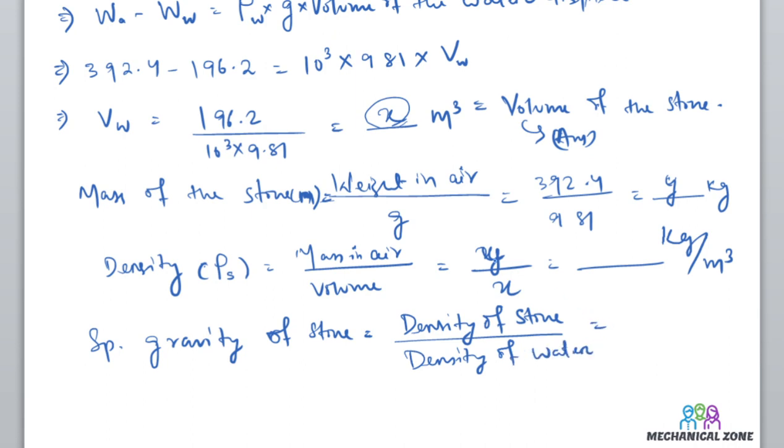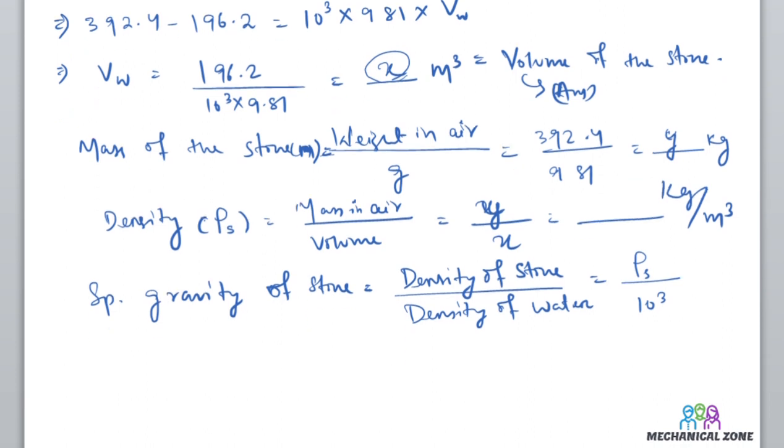You have already calculated the density of the stone, that is rho s here, and the density of water is 10 to the power 3 kg per meter cube. By this, you will easily get the value of the specific gravity of the stone. This is the answer of the second part.